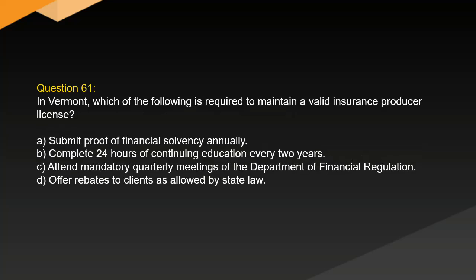Question 61. In Vermont, which of the following is required to maintain a valid insurance producer license? A. Submit proof of financial solvency annually. B. Complete 24 hours of continuing education every 2 years. C. Attend mandatory quarterly meetings of the Department of Financial Regulation. D. Offer rebates to clients as allowed by state law.